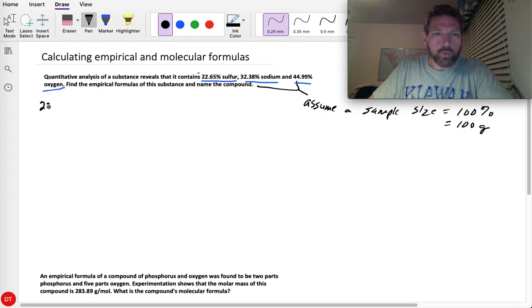There must be 22.65 grams of sulfur, right? And that means there must also be 32.38 grams of, what is that, sodium? Yes, sodium.